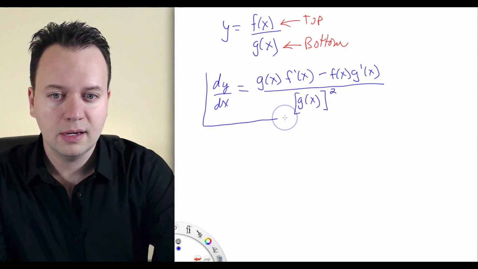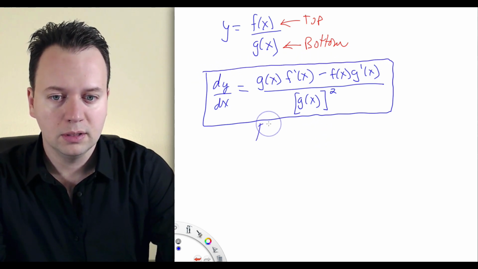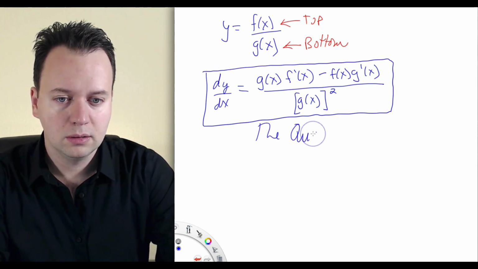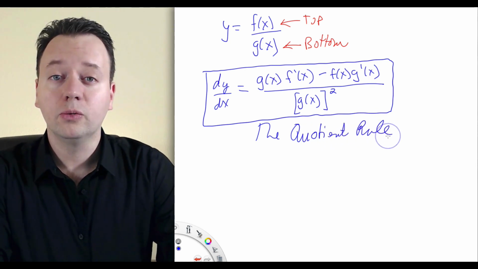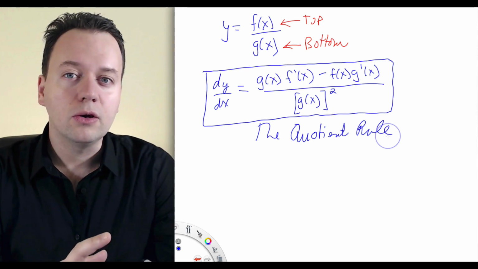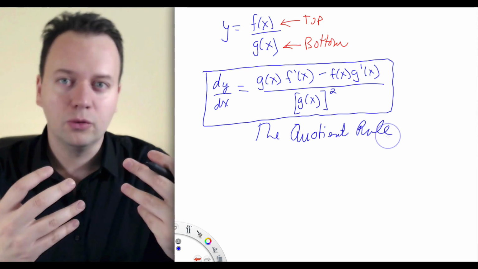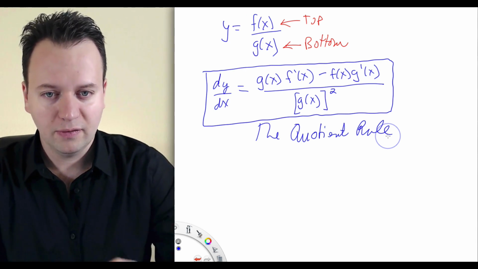So this is exactly the quotient rule. So the product rule will tell you how to take the derivative of a product of two functions, and the quotient rule tells you how to take the derivative of the ratio of two functions, f of x divided by g of x.